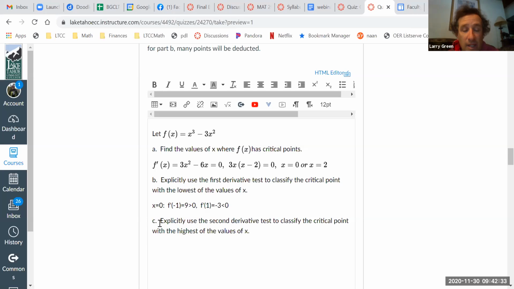So now that means we're going up and then we're going down, right? By the first derivative test, what can we say about the critical point at x equals 0?